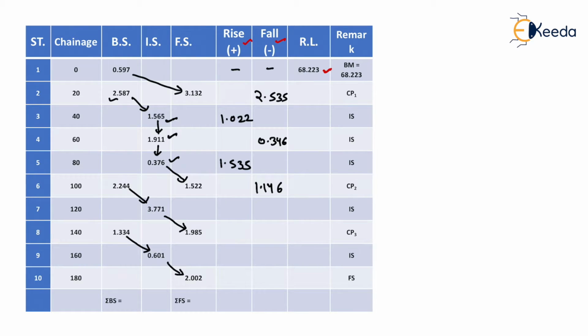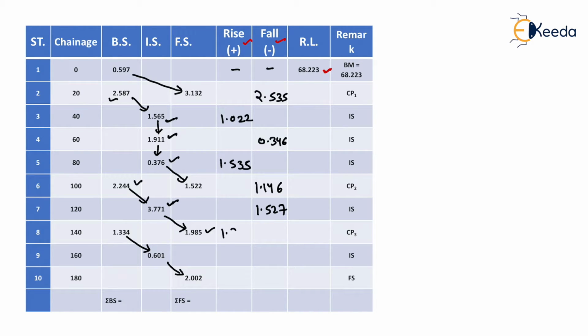Okay students. Now on subtracting 2.244 minus 3.771, we will get a negative value as minus 1.527. So we will write here minus 1.527. Now we will subtract 3.771 and 1.985. We will get a positive value, that is 1.786.